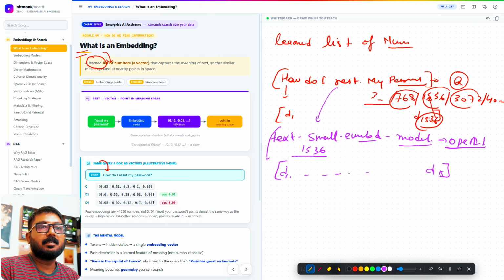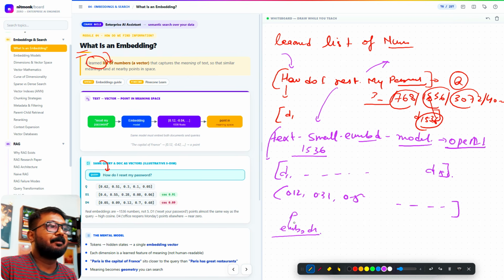And these numbers are like 0.2, 0.31, 0.35, something like that. All this list of numbers gets generated for a sentence, and that gets stored. And these numbers are called embeddings. Hope you got the embedding point.